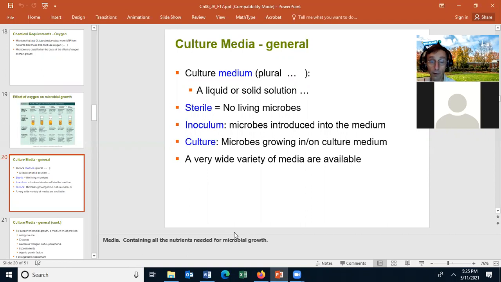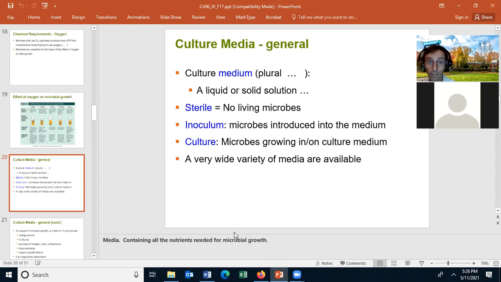Media is when we're talking about more than one. When we're talking about only one, like tryptic soy agar, that we say is singular, and we call it medium. The plural is media. Medium can be liquid, meaning a broth, or it can be a solid, where it has something added to it to make it solid.